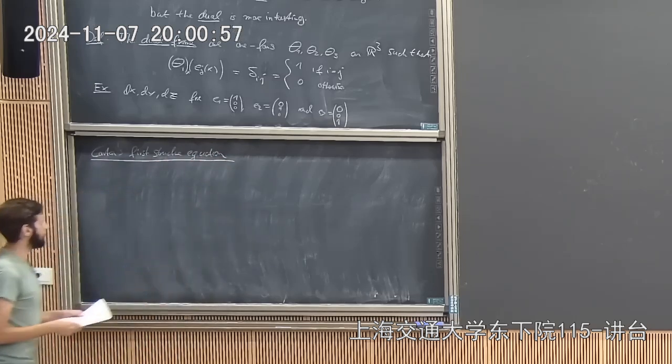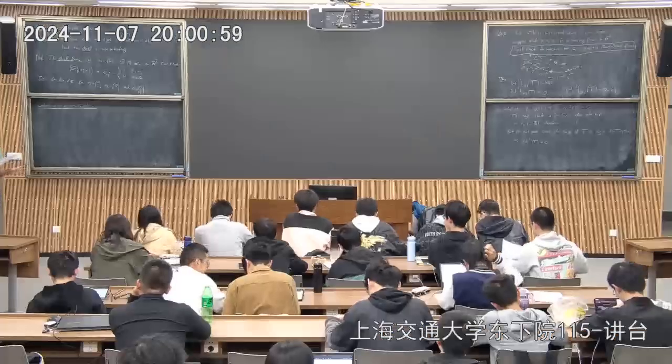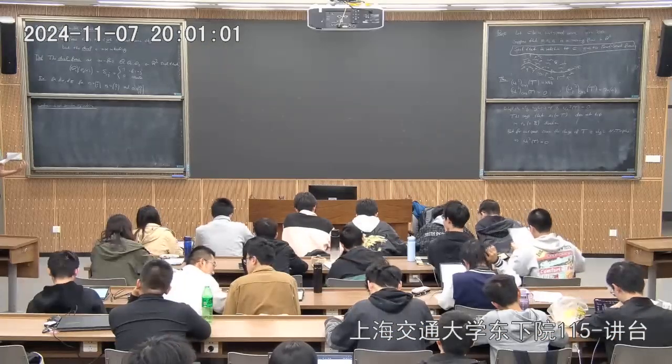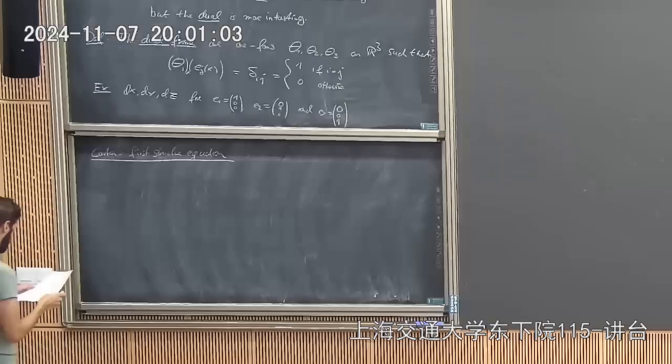And it's again a similar trick. We first derive something that is constant, and then we take d of that constant to get a nice equation.